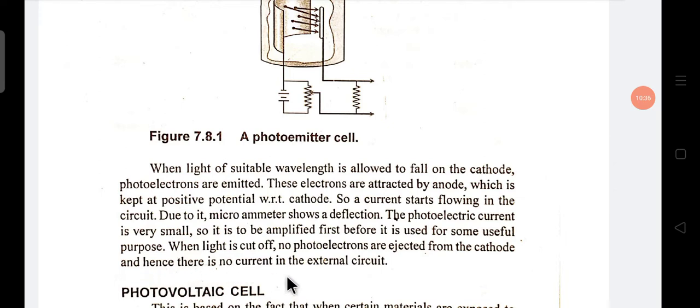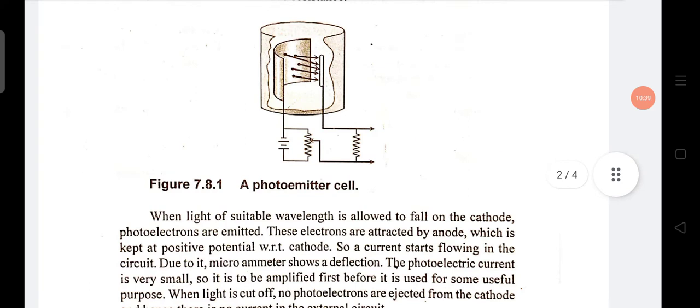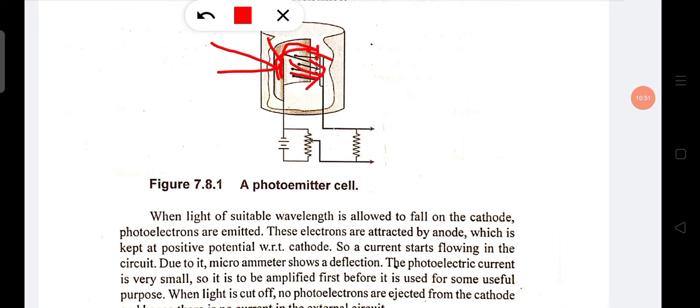So this is the process: when sunlight is incident on the C-shaped cathode plate, electrons start being emitted from the cathode and are attracted by the anode.